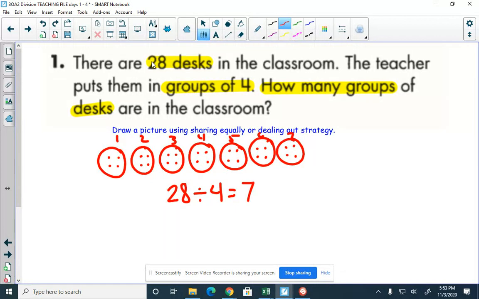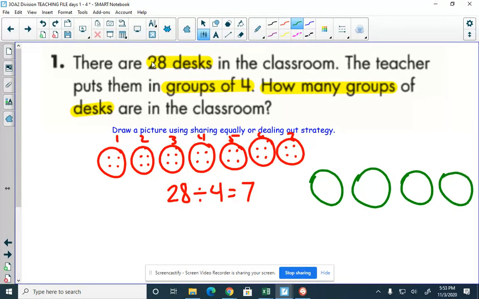If you read it and thought that you were making 4 groups, you could do that. You wouldn't be exactly representing each part correctly. And if you dealt out the 28, then you would give each of the 4 groups 1 until you ran out.